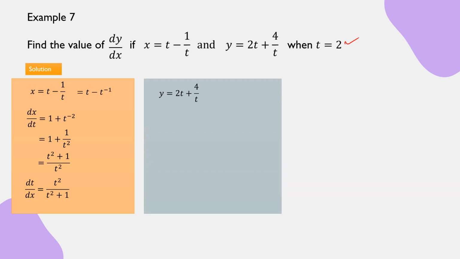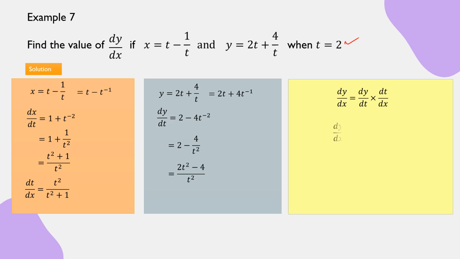Next, y equals t plus 4 over t, so we can write it as t plus 4t to the power of negative 1. So therefore, dy/dt equals 1 minus 4t to the power of negative 2, or 1 minus 4 over t squared, or (t squared minus 4) over t squared.